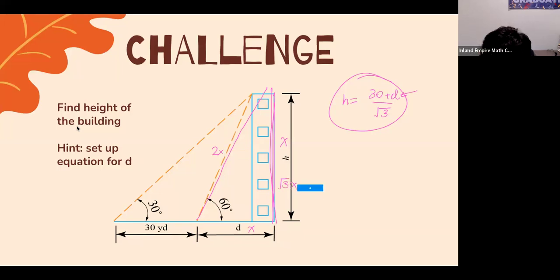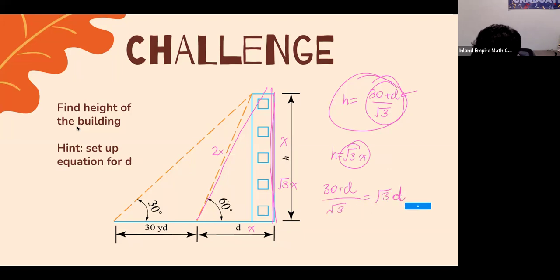And so we know that our height equals root 3x. Now you'll notice that this equation is true. They're both equal to height. And so we can now write that they are equal to each other. I'm going to replace x with d. So now all we have to do is solve for d, right?